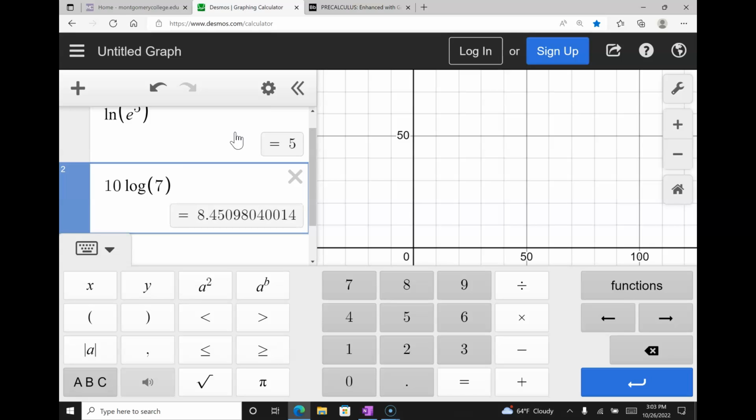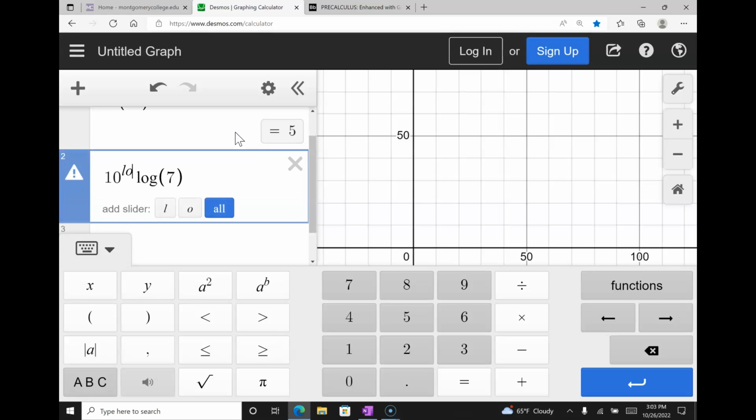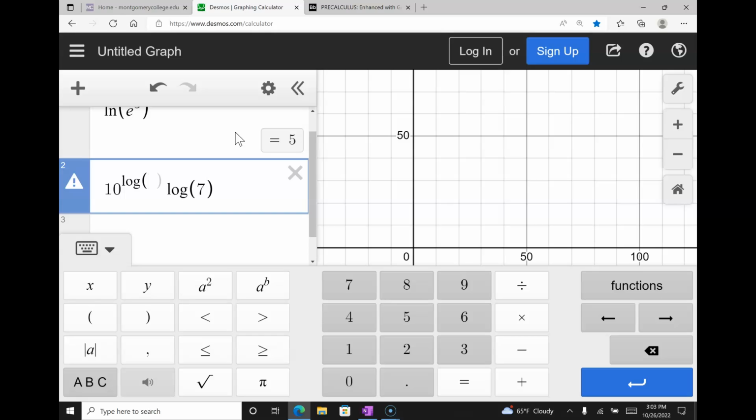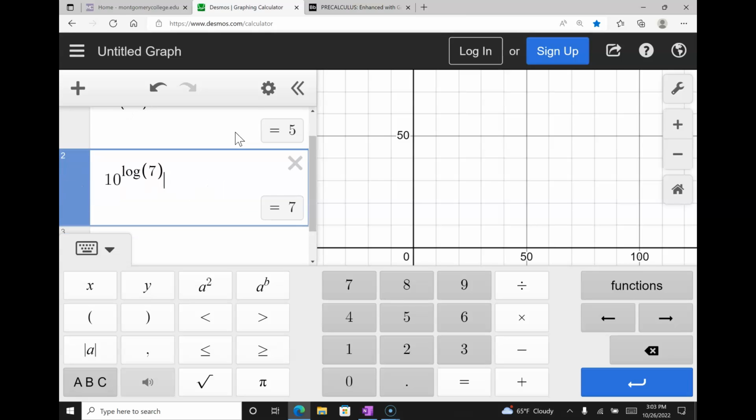Sorry, 10 raised to the log of 7. Seven. 10 to the x is the exponential function, and log is log base 10 of x. So when I raise a base 10 function to a log function, they undo each other, and I get just the argument. I get back to the beginning.